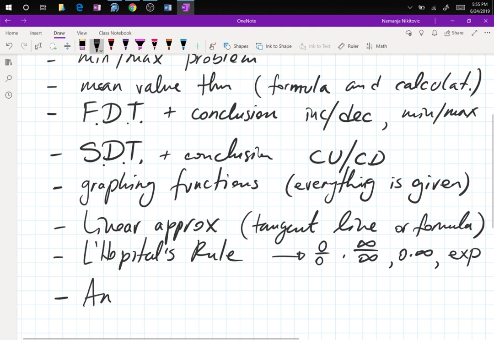Finally, antiderivatives. That's the plus C business.